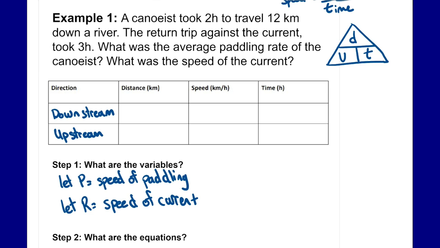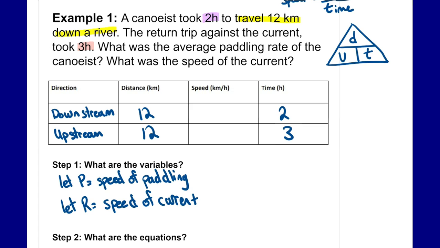What is the distance that they traveled? It does mention that it's 12 kilometers down the river. So they're going 12 kilometers down, and the return trip would be going back 12 kilometers. Speed is going to be a little bit different, so we're going to come to that in a second. Time: we know it took 2 hours to go down, and we know that it took 3 hours to come back.